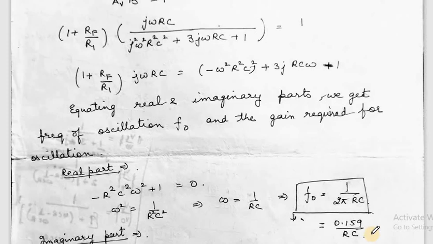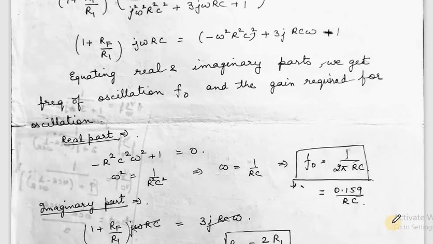So the frequency of oscillation entirely depends on the combination of R and C. Now we'll equate the imaginary part. On equating the imaginary part, I get 1 plus RF upon R1 into omega RC on one side, and on the other side I get 3 RC omega.